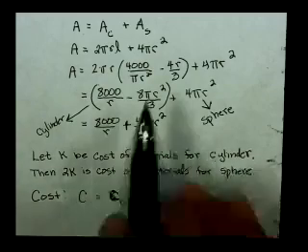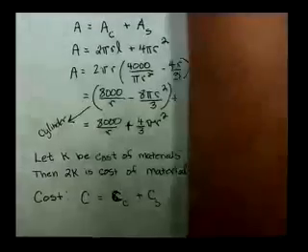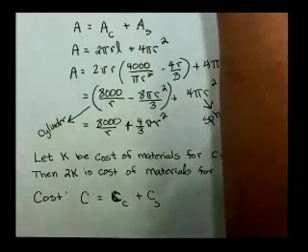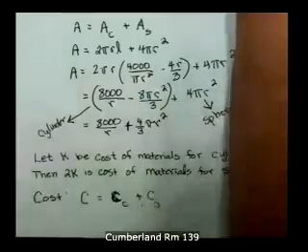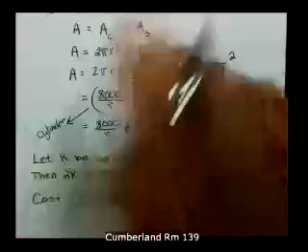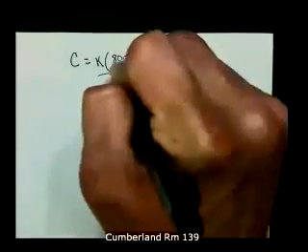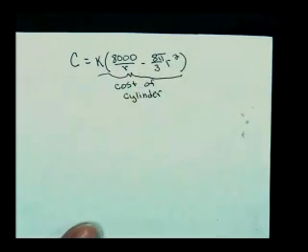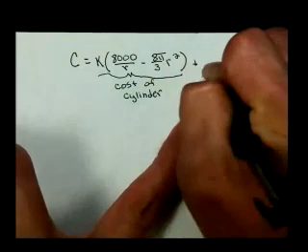The cost of the cylinder is this surface area of the cylinder times K. So C equals all that stuff in parentheses times K. That's the cost of the cylinder.